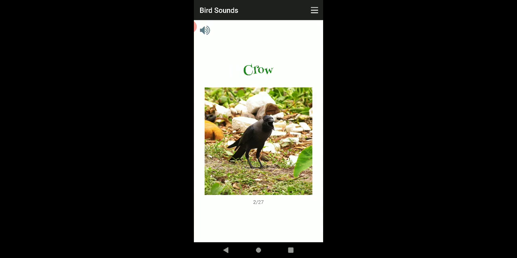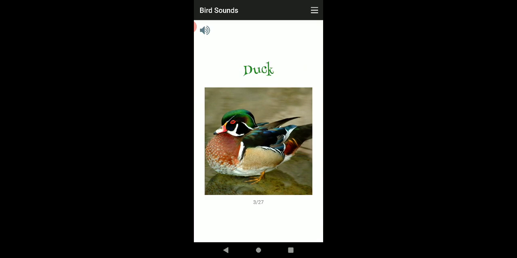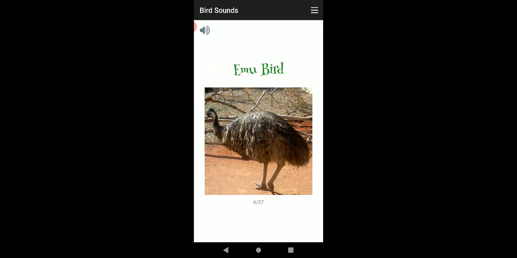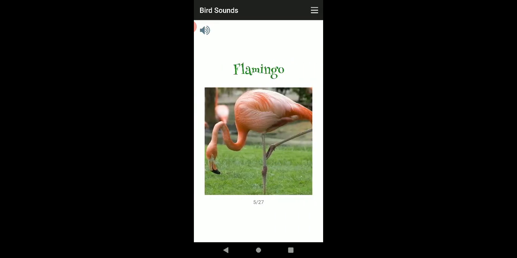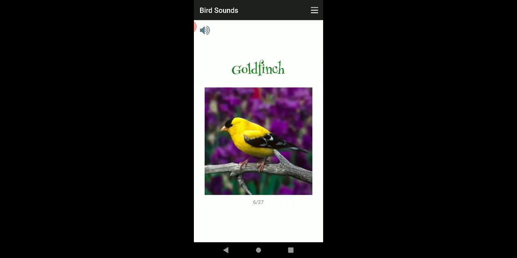Sound of crow. Sound of duck. Flamingo. Goldfinch.